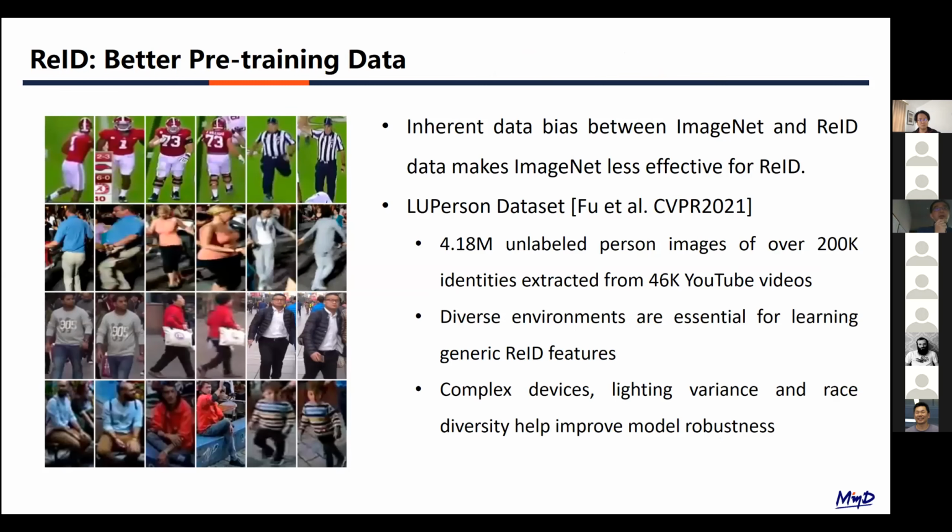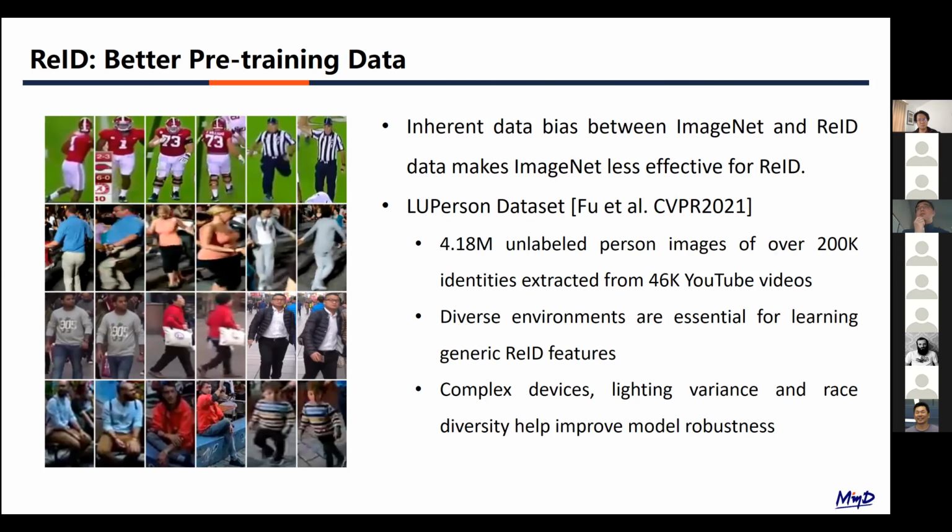Apparently, ImageNet has a large difference in terms of image content compared to ReID. So we wondered whether we can utilize a more appropriate data set for pre-training models. Here we introduce the LUPerson data set, which was introduced in CVPR 2021.